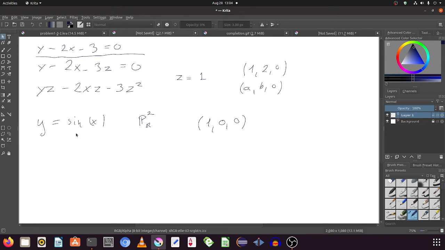What is the projective completion? Is it this point?